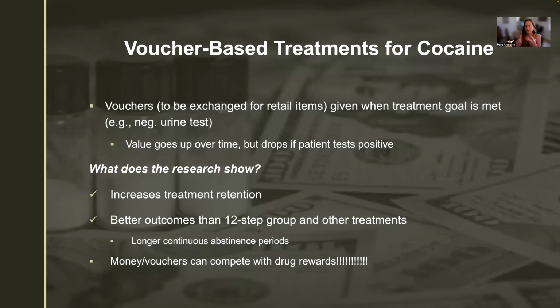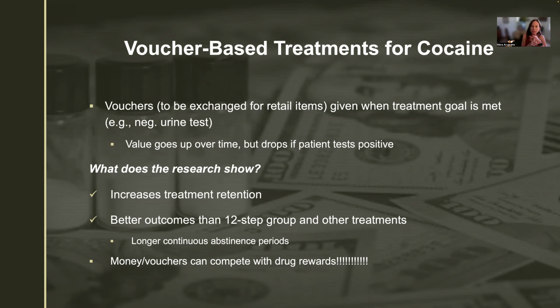So you test for cocaine, methamphetamine, and stuff like that, right? And then if they test negative, meaning there's no cocaine in the system, there's no meth in the system, there's no stimulants in the system, if they get that negative urine test, then they get a voucher. And then that voucher can be exchanged for stuff. Could be a new set of headphones or something like that.